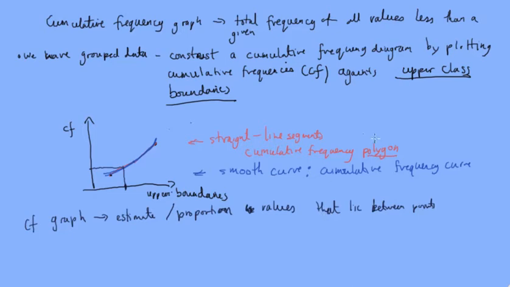There's no given rule of which one's better, a polygon or a curve. If it's difficult to fit a smooth curve through the set of points, you'd maybe be better doing the polygon.